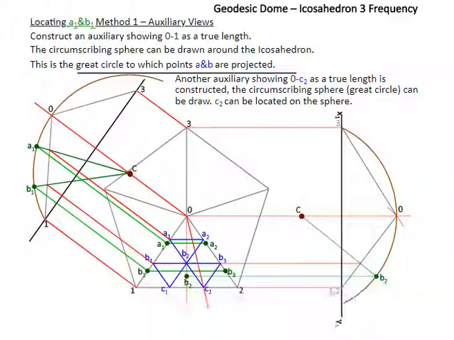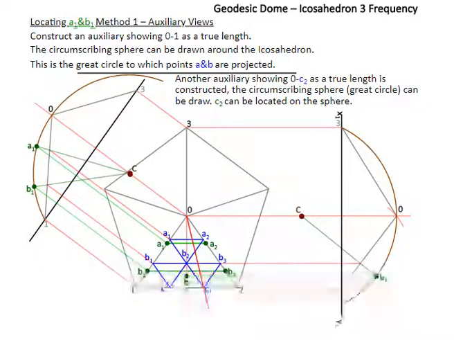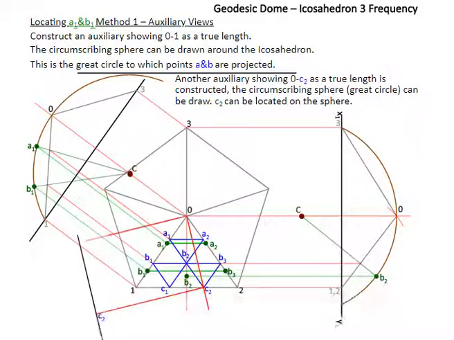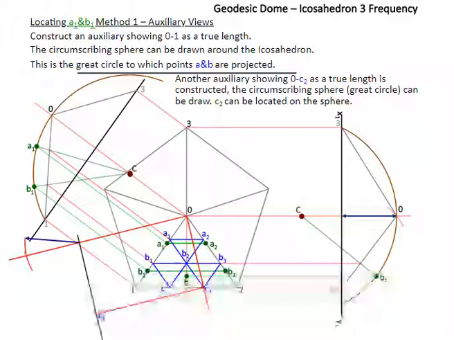So another auxiliary showing 0 to C2 as the true length is constructed, and circumscribing the sphere and great circle can be drawn. C2 can be located on the sphere. And you can see here the different steps of how we're going about to get it.